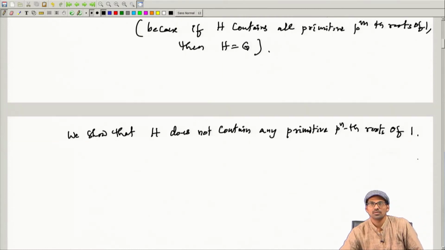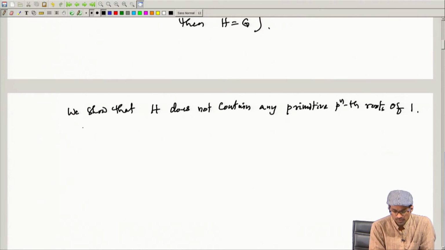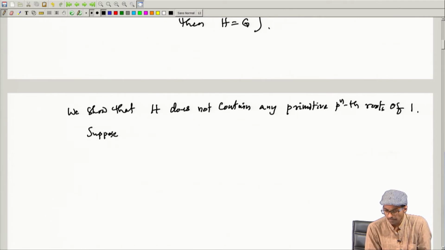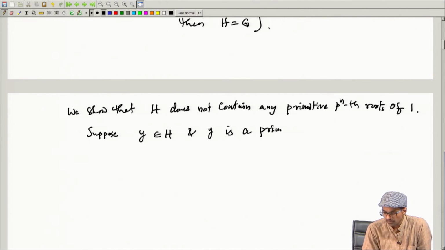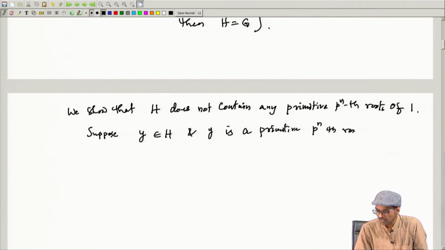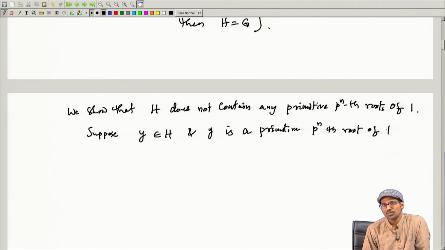Okay. Suppose y belongs to H and y is a primitive p power nth root of unity, y is a primitive nth root of unity and y belongs to H and y is not equal to x.